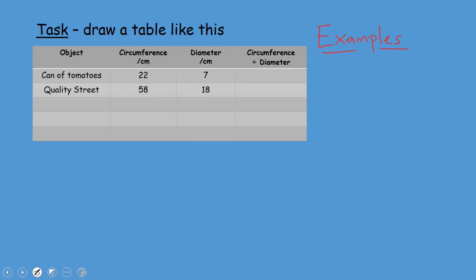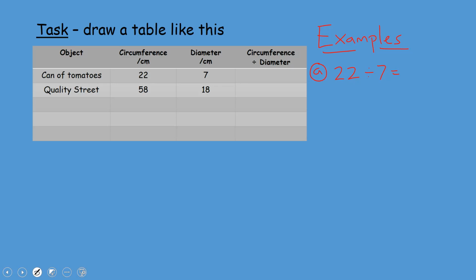So my tomatoes, I've got a circumference of 22 centimeters and a diameter of 7 centimeters. So in your calculator, you're going to put in 22 divided by 7 equals. My calculator has decided to stop working.